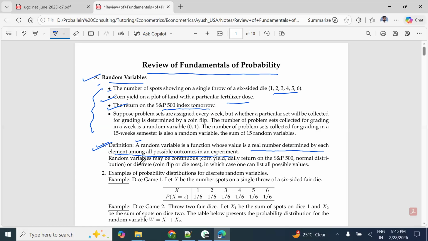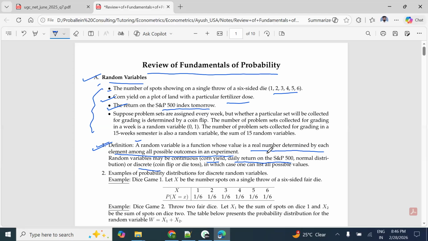Yes, sir. So as already we know, we have discussed random variables may be continuous or discrete, right? Continuous is corn yield, daily return on the Nifty or S&P 500, which basically we assume that if it is continuous it will follow normal distribution, and if it is discrete, it is flipping a coin and rolling a die, correct?